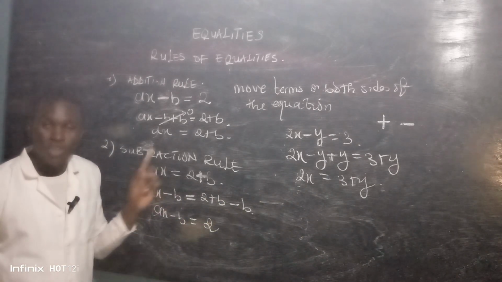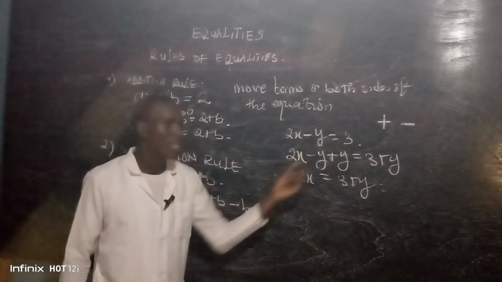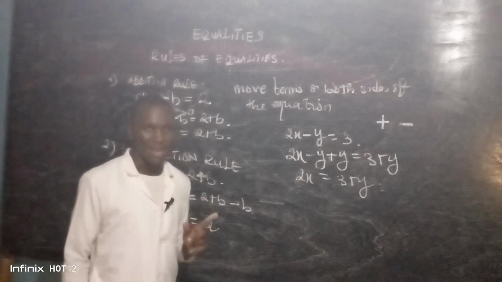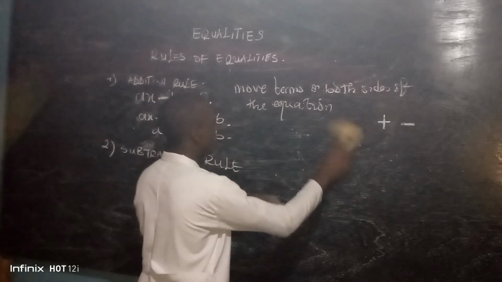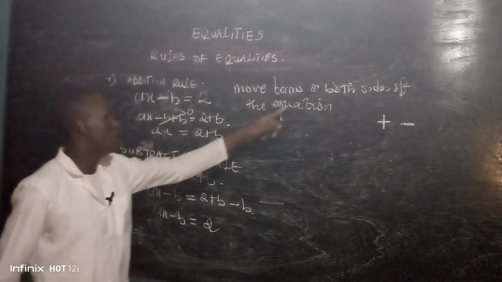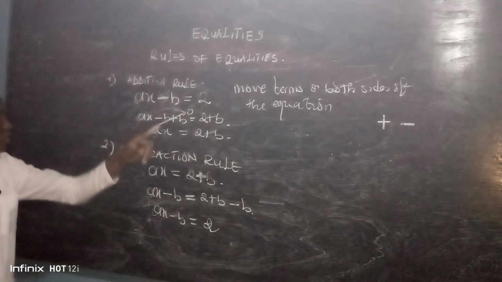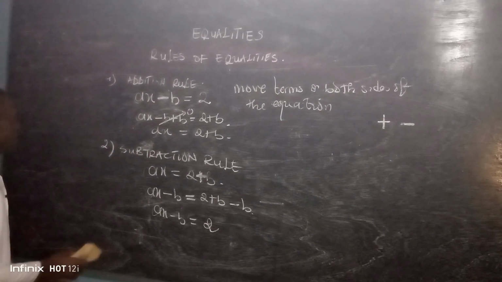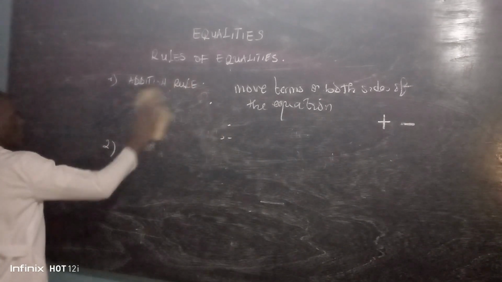So when we are solving equations, keep it in mind, negative means you are owing and positive means you have. Okay, that is how we apply the addition and subtraction rules of equalities to move terms on both sides of the equation. Now let's discuss the division rule and multiplication rule.